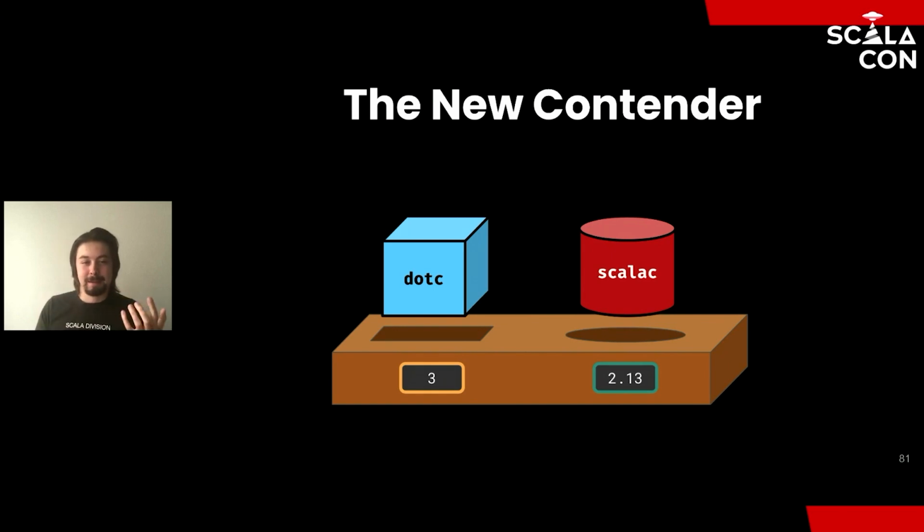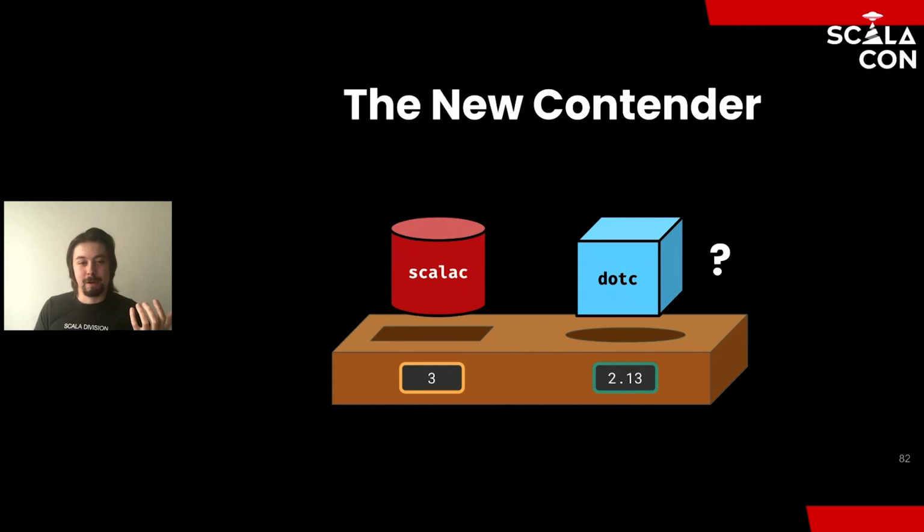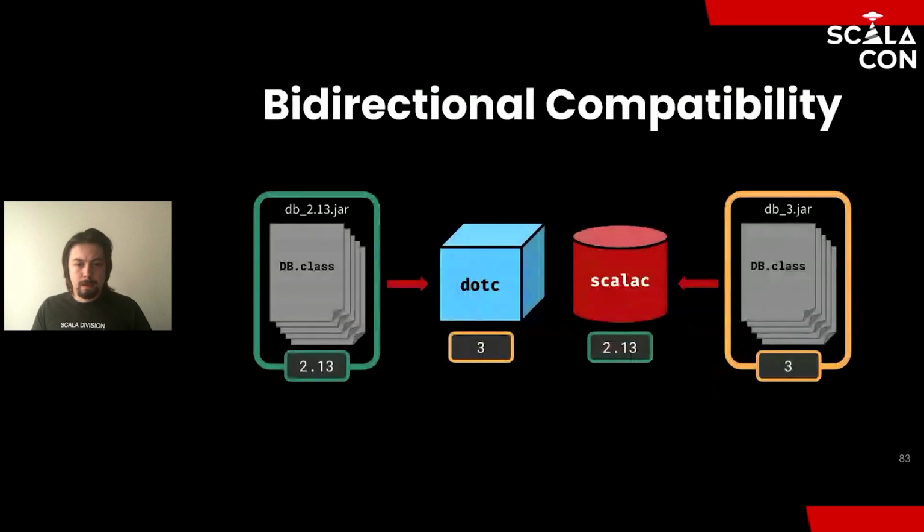So how do we make it so that when you swap the code that they're expecting, they still work? We are trying to get Scala 2 to read these foreign shapes of Scala 3, the things it doesn't necessarily understand.